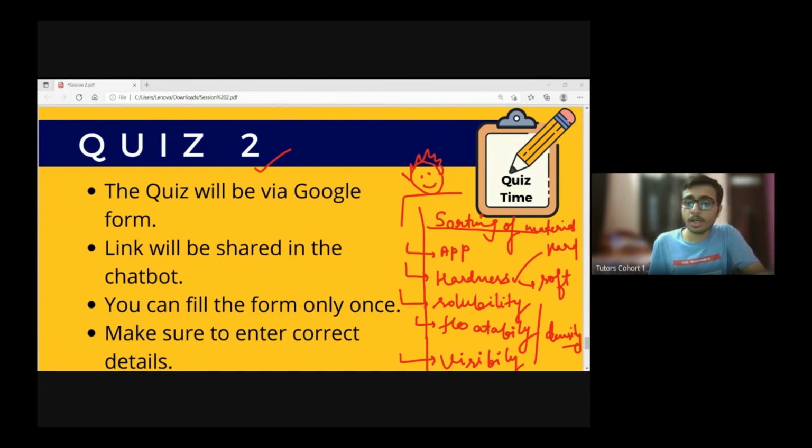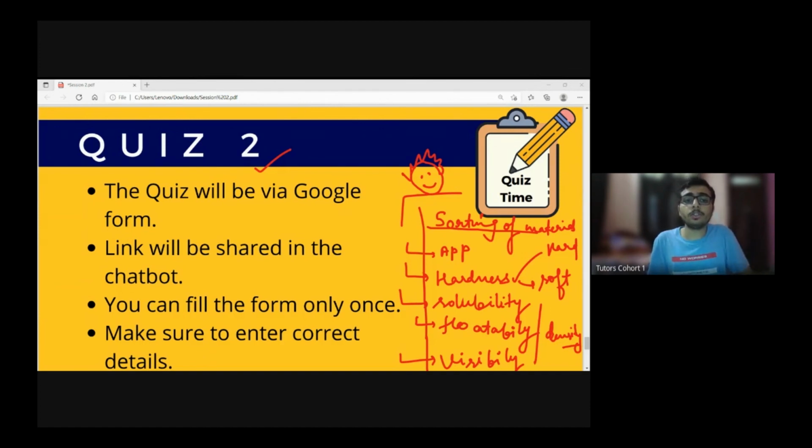Okay, children, now you will have to fill this form, and after filling this form, there will be a feedback form in the chat. So at this moment, you have to fill 2 Google forms. First one is your quiz form, and the second one is your feedback form. In the feedback form you have to do nothing but just provide feedback.